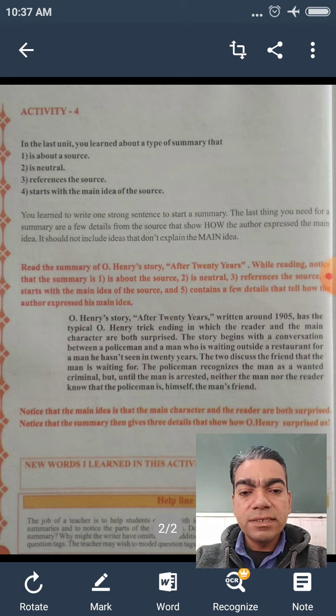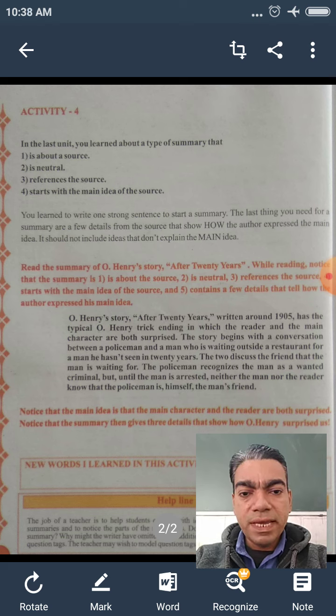But here, the friend for whom he was waiting was a policeman, and he sent another policeman to catch him. So a different ending surprised us.